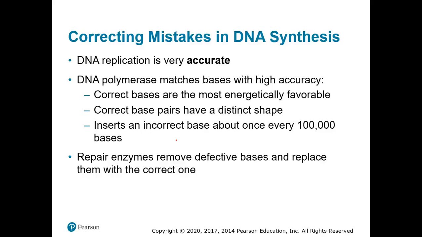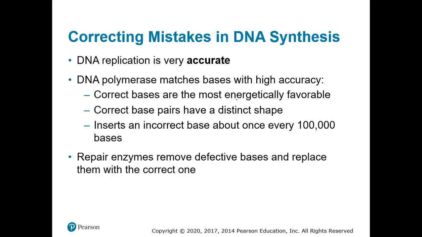And thankfully, DNA replication is very accurate. DNA polymerase is going to match bases. It's going to follow those base pairing rules with very high accuracy. It really only will insert an incorrect base about once every 100,000 bases. Because it's just better to have a correct base matching. It's the most energetically favorable pairing, and if bases are not matched correctly, that's going to cause a very distinct shape.